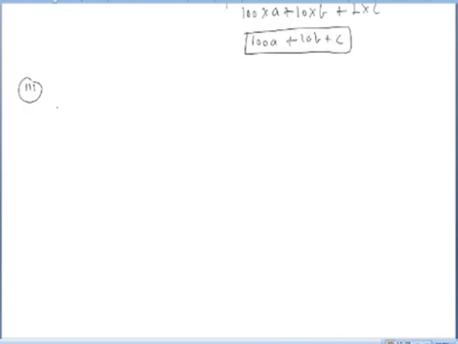Question number 3 is saying the perimeter of an isosceles triangle. Isosceles means where two sides are equal.